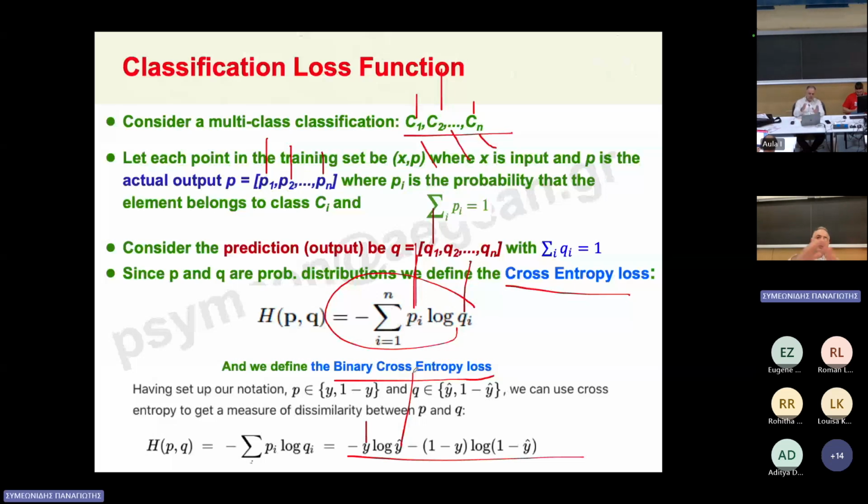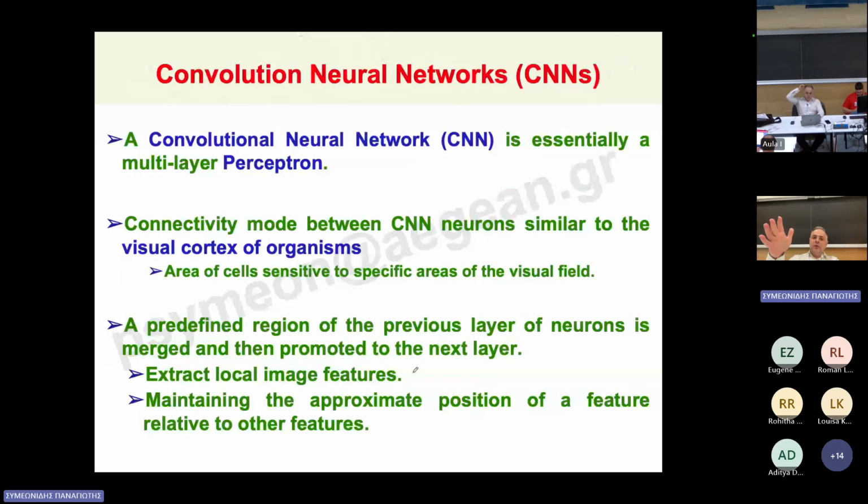So now we are going more to neural nets. We start with convolution neural networks, which are the reason why, in the last 10 years, everything has moved to neural nets. So all algorithms right now are neural nets.